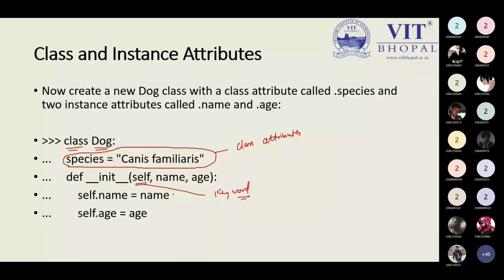This part is defining the methods or functions, and this part is defining the data properties or data variables of the class only.